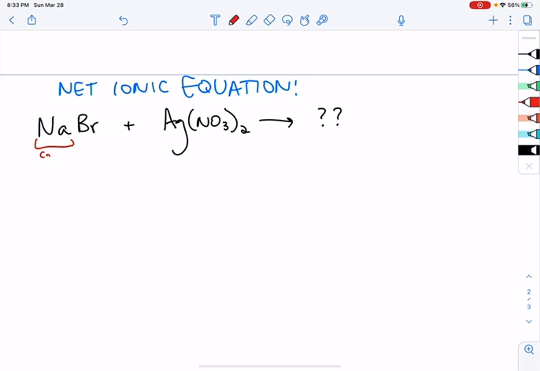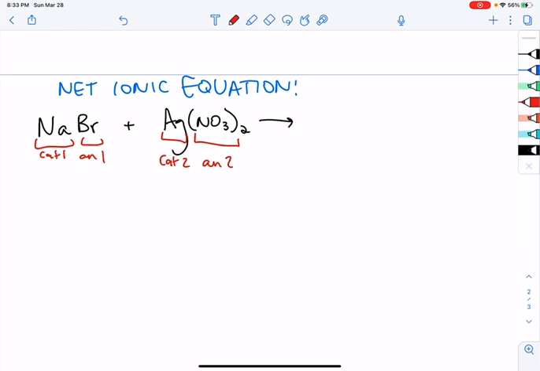We have the cation, the anion. We'll call this cation 1, we'll call this anion 1. Here we have our second cation and our second anion. Remember, the first step when you're doing net ionic equations is to just switch the things, right? We don't care about any subscripts.